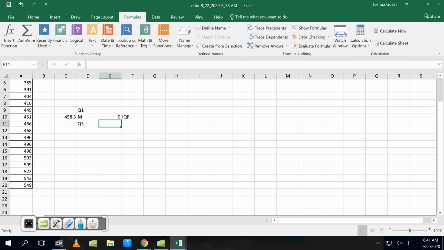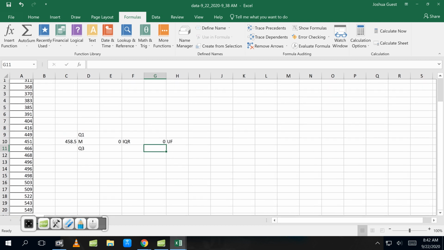Then we can ask, what's my upper fence? My upper fence is going to be equals Q3 plus 1.5 times my IQR. If I want my lower fence, I can have that too. I can type all this in with the formulas in Excel, and then when I find these values, I have it.